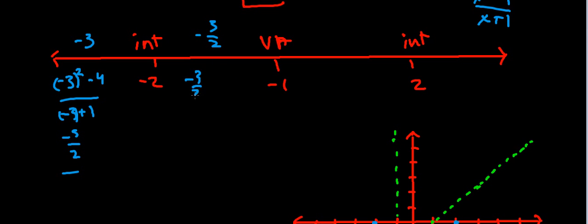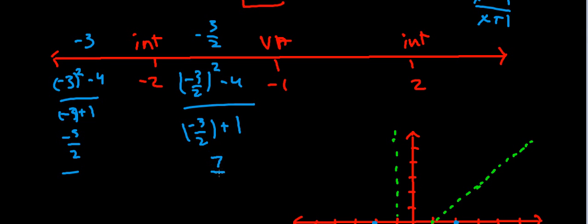So we have minus 3 over 2 squared minus 4, over minus 3 over 2 plus 1. So this gives us 9 over 4 minus 4. That'll be minus 7 over 4, and then divided by minus 1/2. So that'll be 7 over 2.